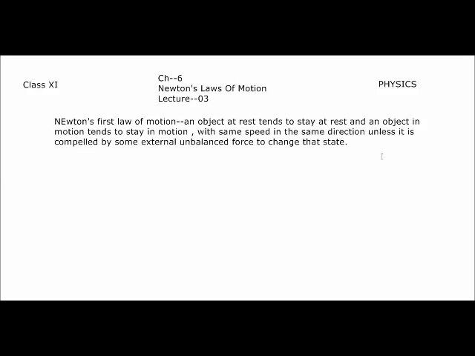Or we can simply say, if a body is at rest or moving with constant speed, then it will remain in its state of rest or motion until and unless an external force is applied on it. So this concept is clear.